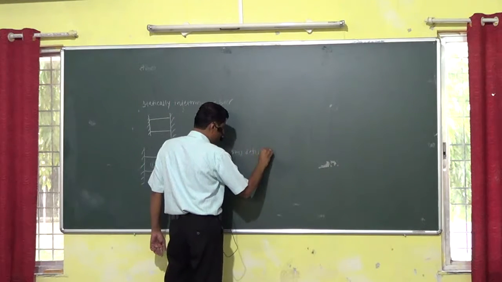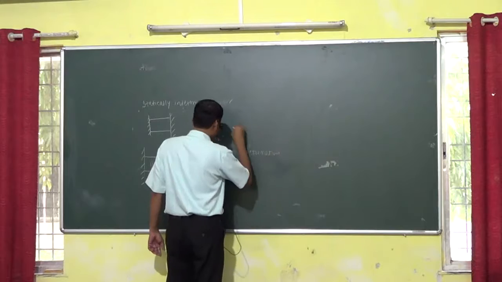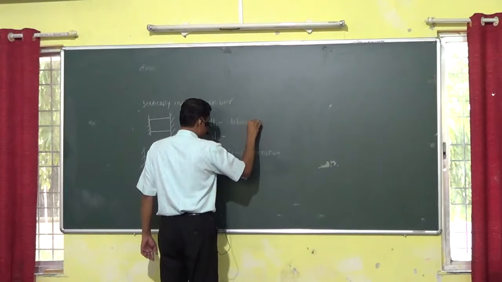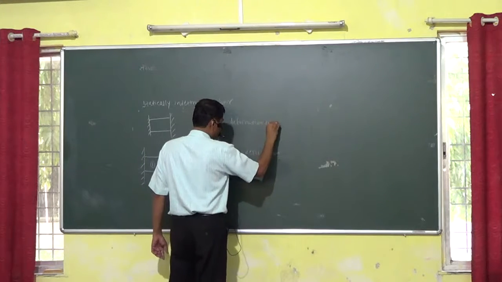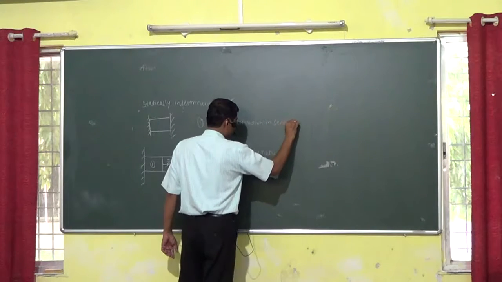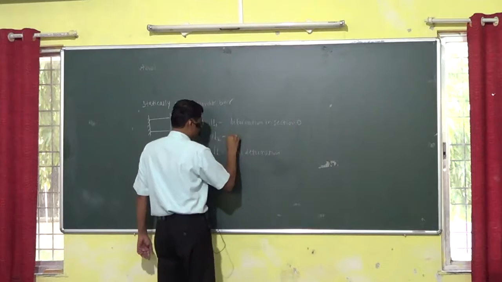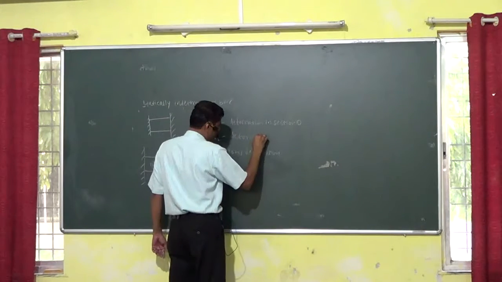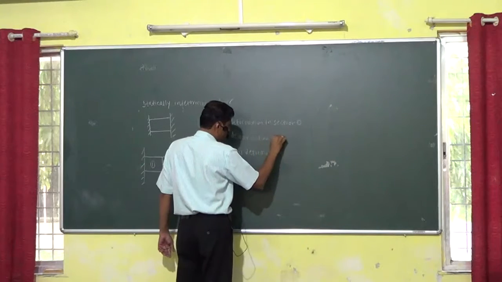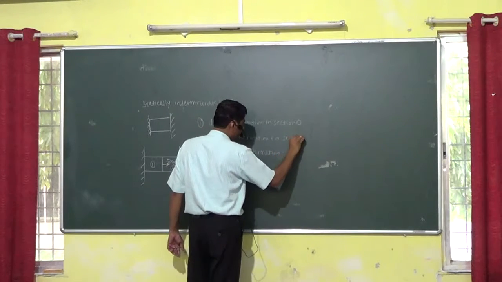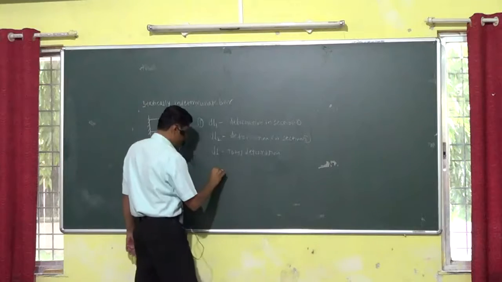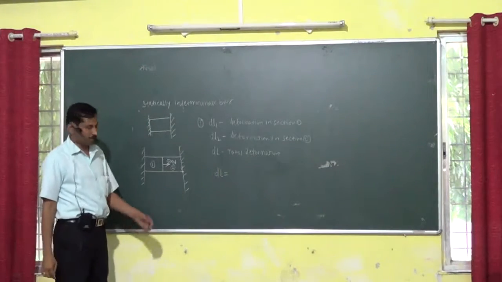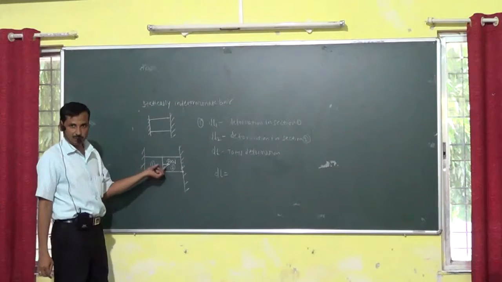If dl1 is deformation in section 1, if dl2 is deformation in section 2, the total deformation is given by dl. So here total deformation dl will be considered as addition of deformations for section 1 and section 2.